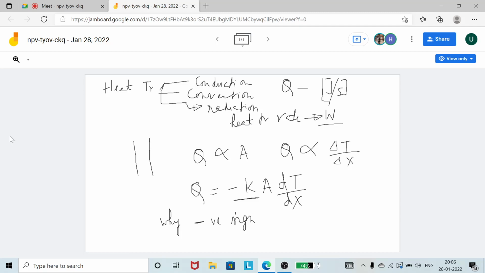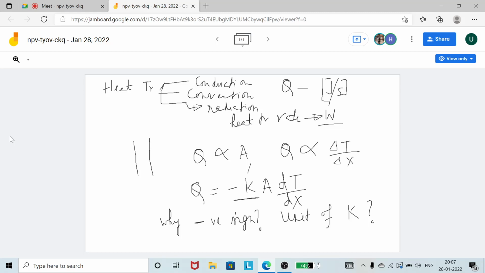Then what is the unit of K? These are fundamental questions you should be able to answer anytime if you are facing an interview, because these are very basic. I also request you to go back to your heat transfer lessons, your notes or your book, and revisit the formulae. We will not thoroughly cover that.